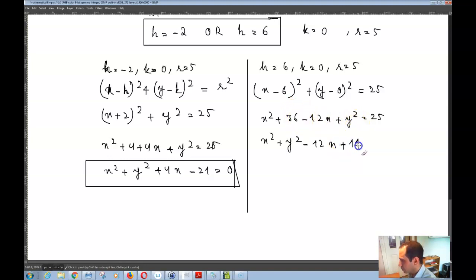Plus 11 is equal to 0. That is another possible equation for this circle.